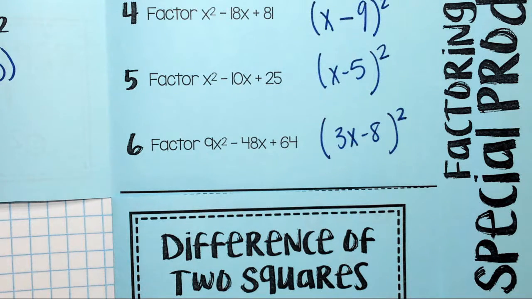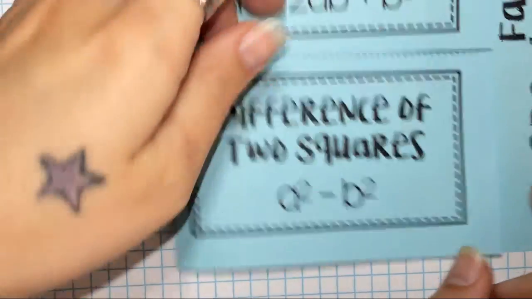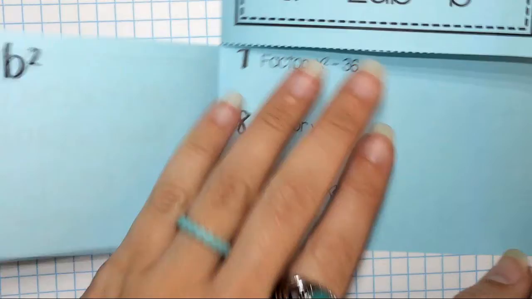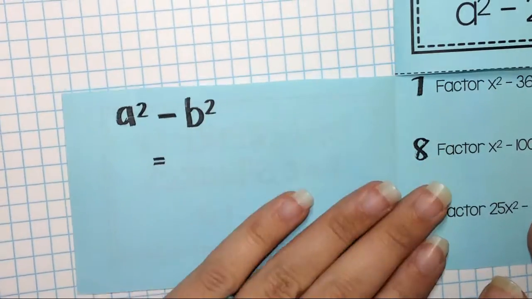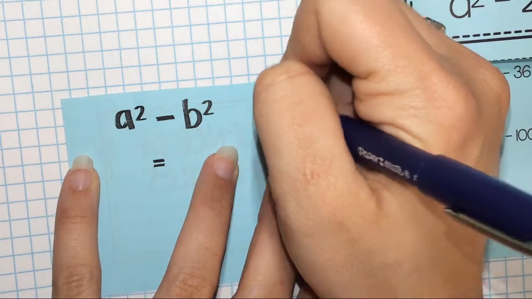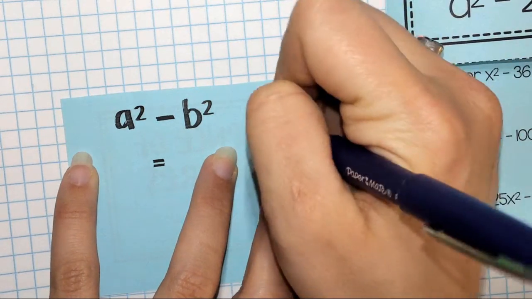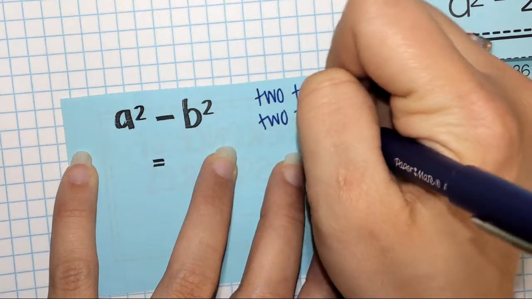All right. Now, the last one, which is the difference of 2 squares, is the only one that's a little bit different, but you still do the same thing. Difference of 2 squares means you'll need 2 parentheses. So, 2 terms, 2 parentheses.